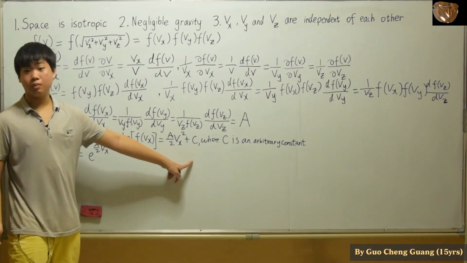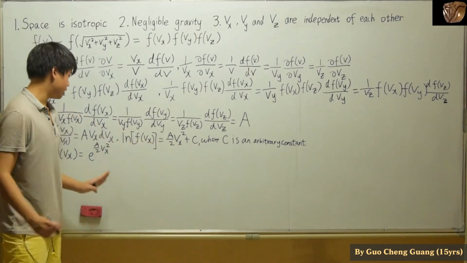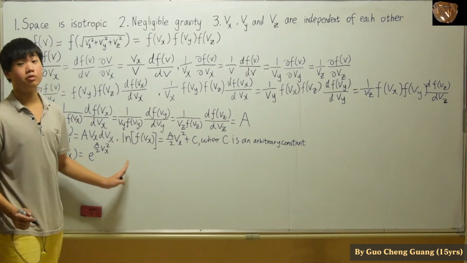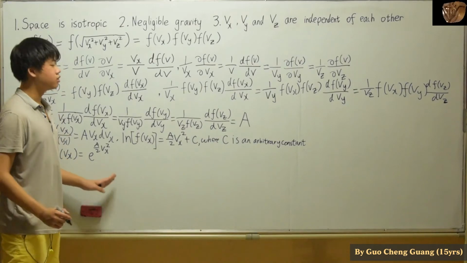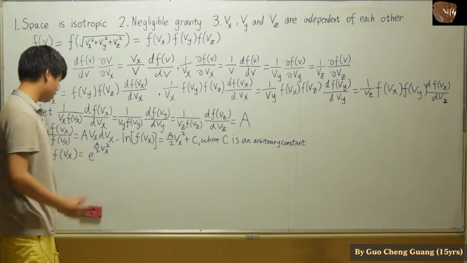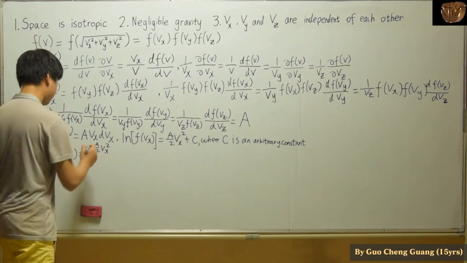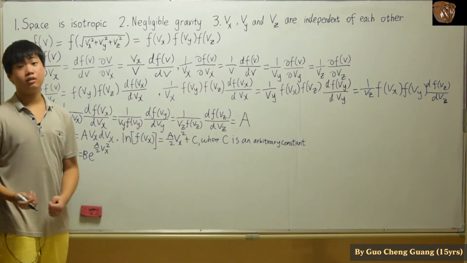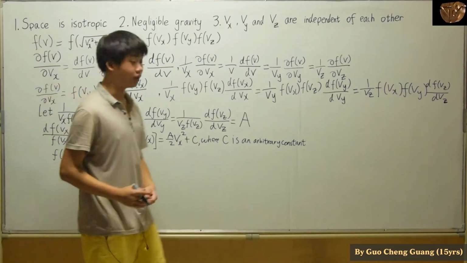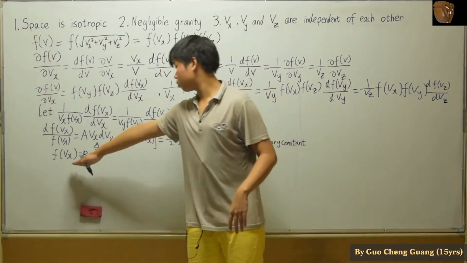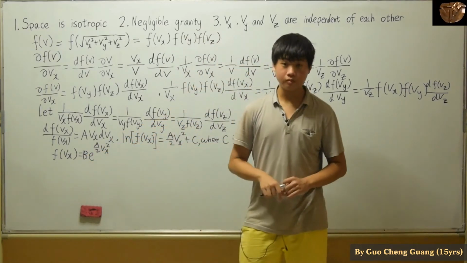What happens to this plus c? So plus c is just times e to the power of c. C is a constant, so e to the power of c is another constant. So let's just say we let that constant be b, alright? So this is what we are going to see.